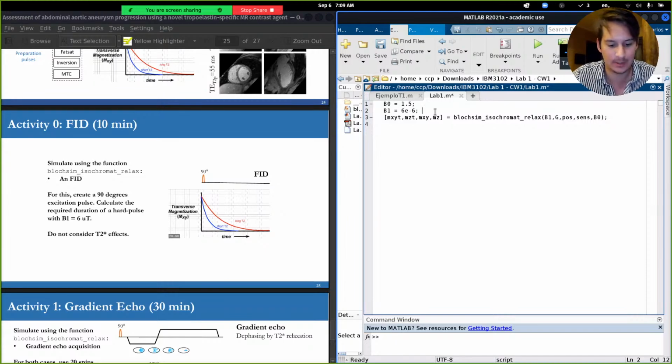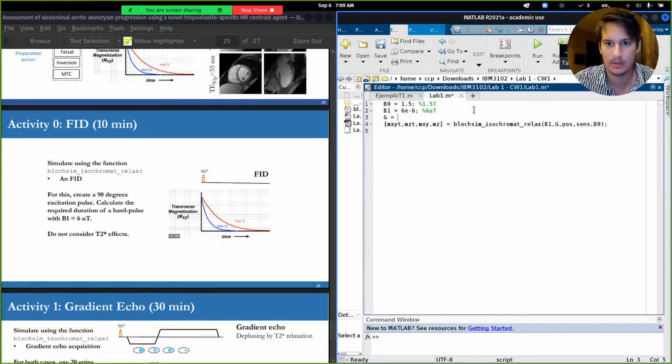So this is 6 micro Tesla, and this is 1.5 Tesla. The gradient, we will not use a gradient here, so the gradient is basically zeros.